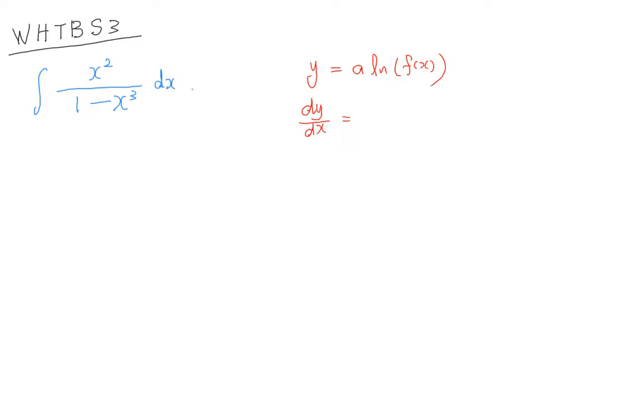Do you see the degree of the denominator is 3, but the degree of the numerator is 2? Isn't it when you differentiate ln, you got this? And up here is f prime x. Am I right?